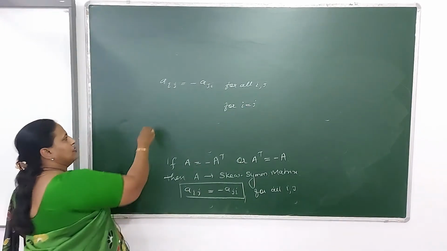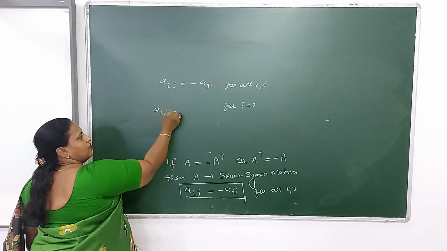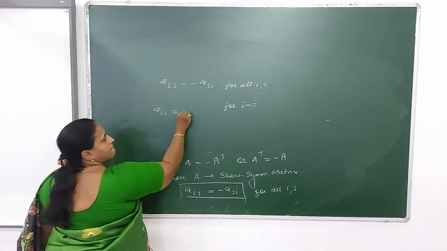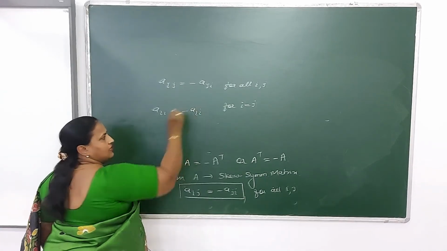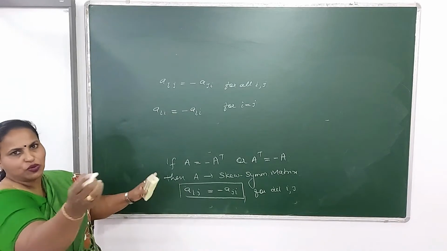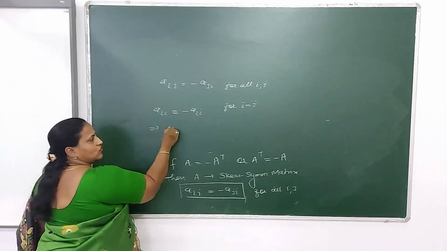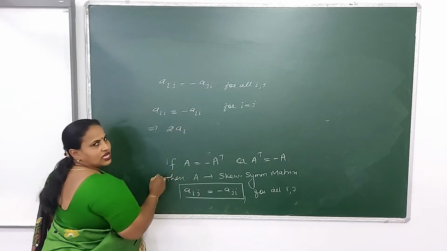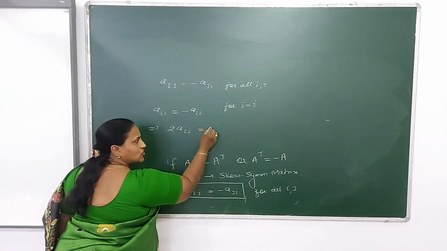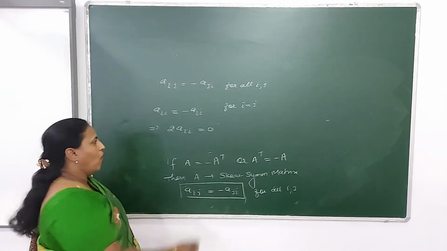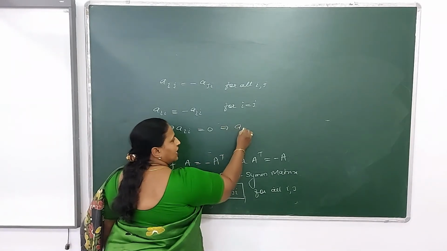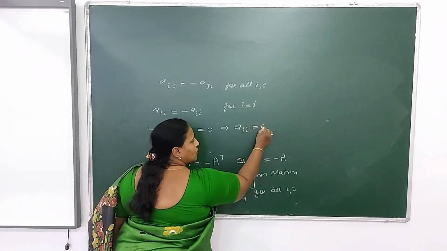What will happen? Aii will be equal to minus of Aii. If i and j both are equal, then take this term to the left side. That way you will get 2 times Aii is 0, or you can write Aii is equal to 0.